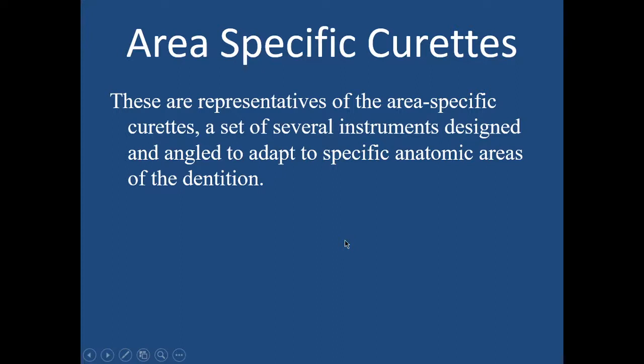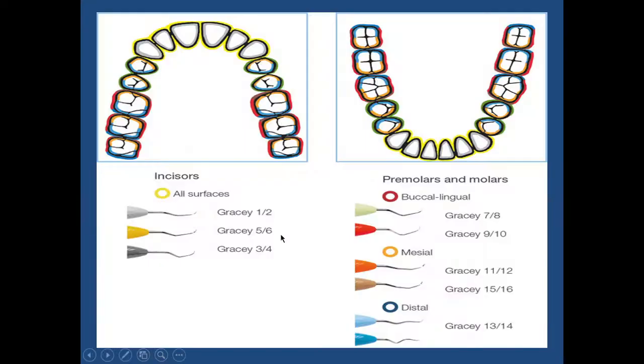This is the area specific curettes. Area specific curettes, from its name, area specific. So this is a curette for an area. This is a curette for another area. As we see, the Gracey 1 and 2, and the Gracey 5 and 6, and the Gracey 3 and 4 are for all surfaces of the incisors, including the canine.